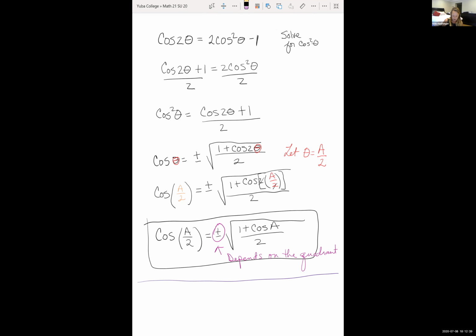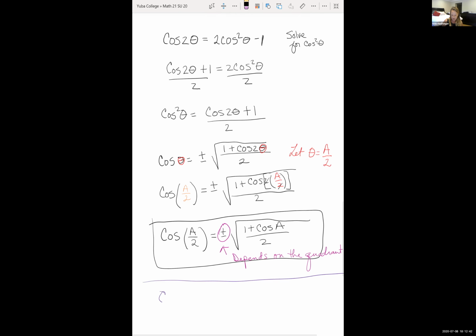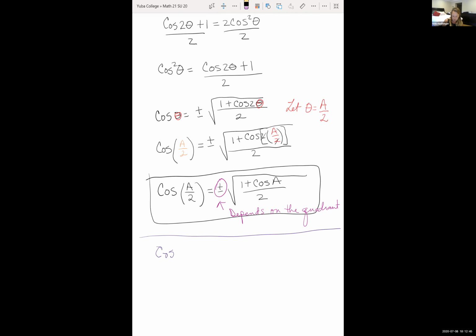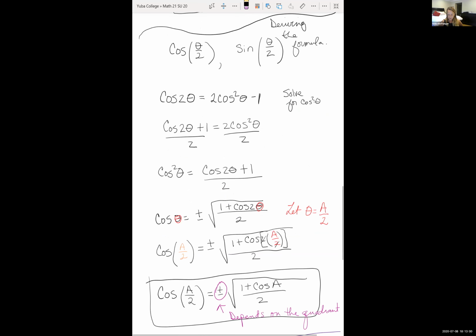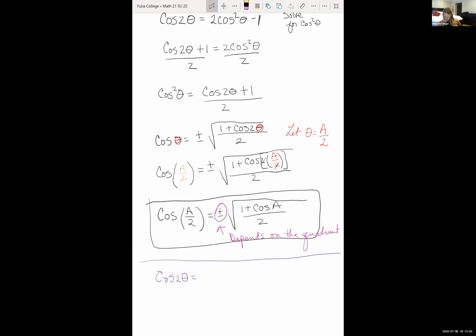Using one of the identities for cosine, cosine of 2 theta is equal to, but I'm going to rewrite this one in terms of just sine, 1 minus 2 sine squared theta.